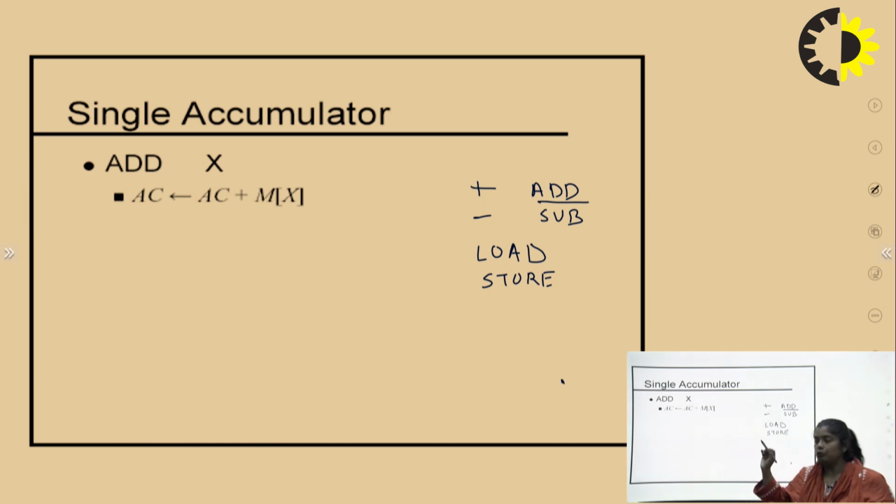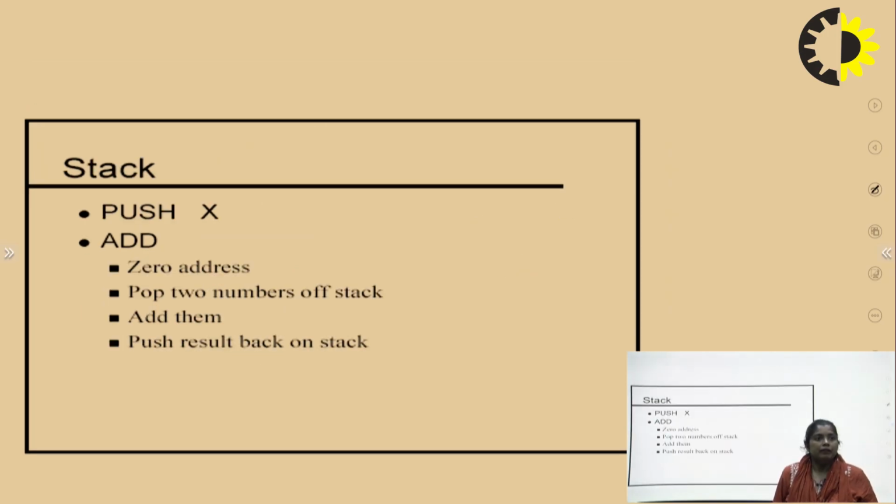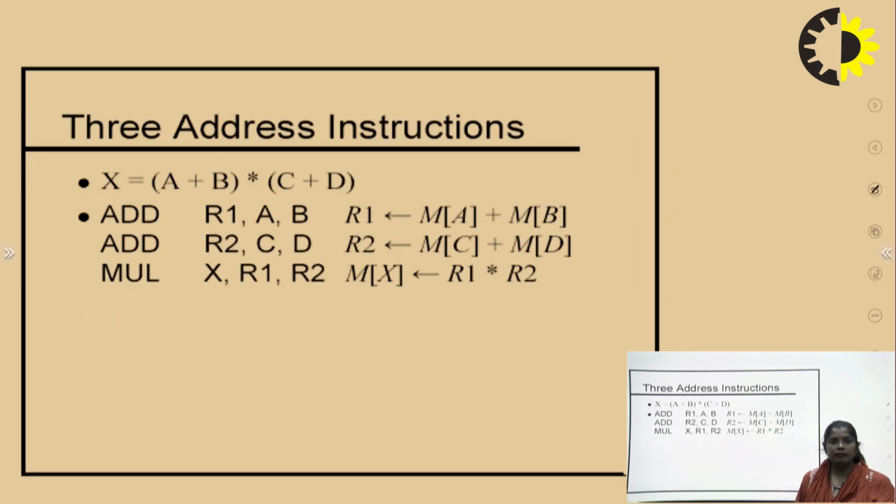Fine. So today we are going to discuss the three address, two address and one address instructions. In the three address instruction, as you can see, there is some numerical part, like A plus B of C plus D.